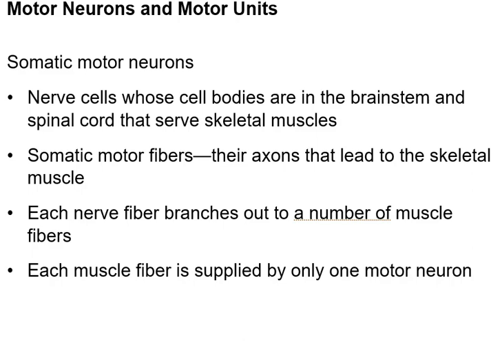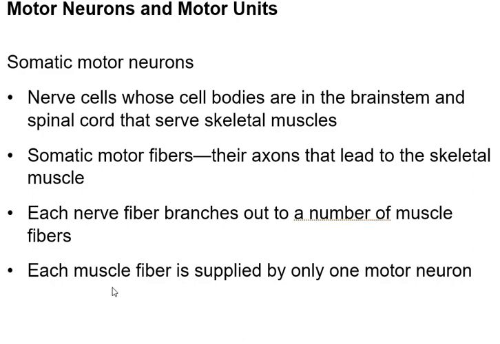We're going to talk about that in the next chapter, but if you can hang on to the fact that the axon is the business end of a nerve, then you'll be able to follow through this next set of information. So axons will go to the skeletal muscle, and at the end, they branch out and touch a number of muscle fibers, and remember, muscle fibers are actually muscle cells.